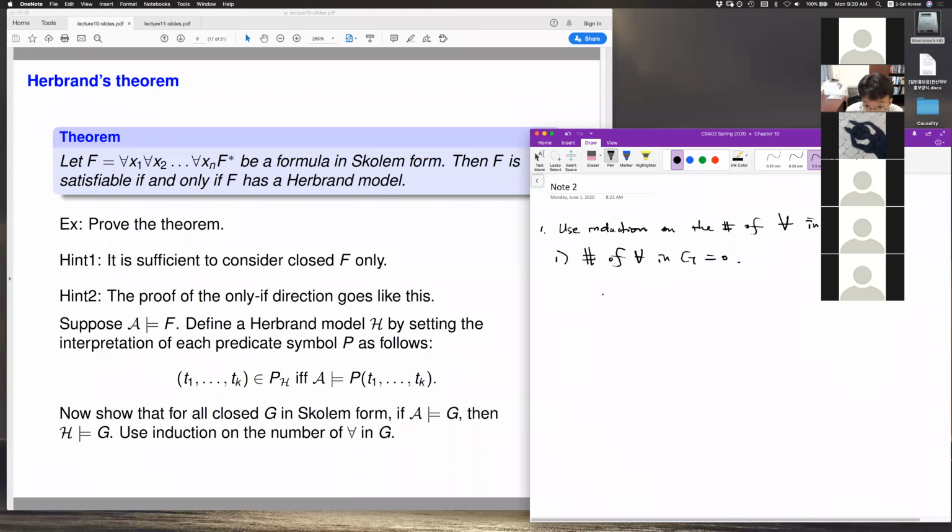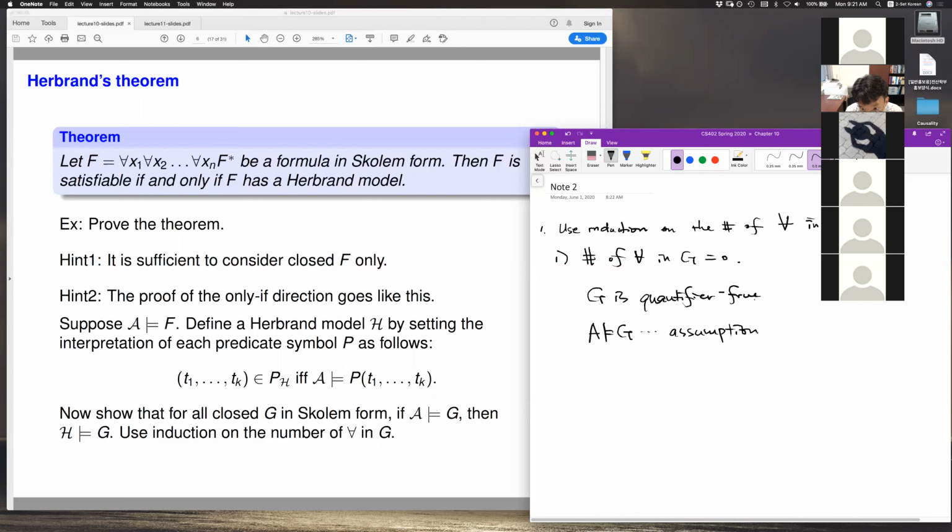So now G is quantifier-free, and we have to compare. What we do know is that A satisfies G, and this comes from the assumption.